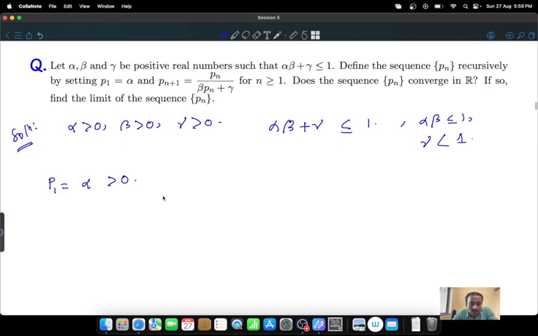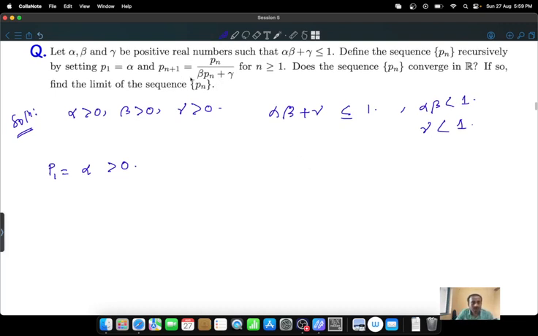Yes, sure. Sir, what if alpha beta equals 1? Then gamma would become 0, right? Okay, yeah, very good point to notice here. I did not notice it because I did not require it. Yeah, that is also strictly less than 1.